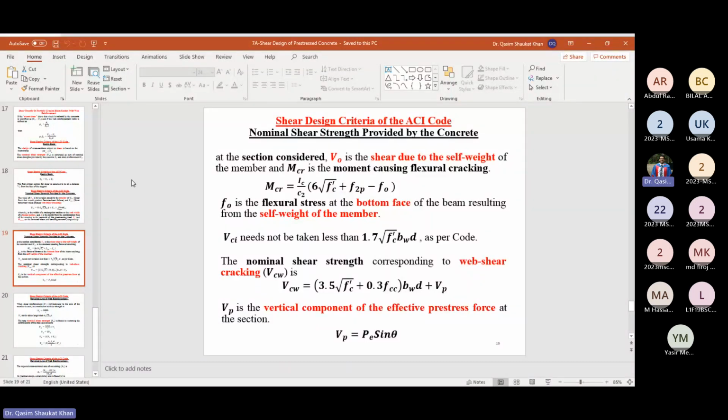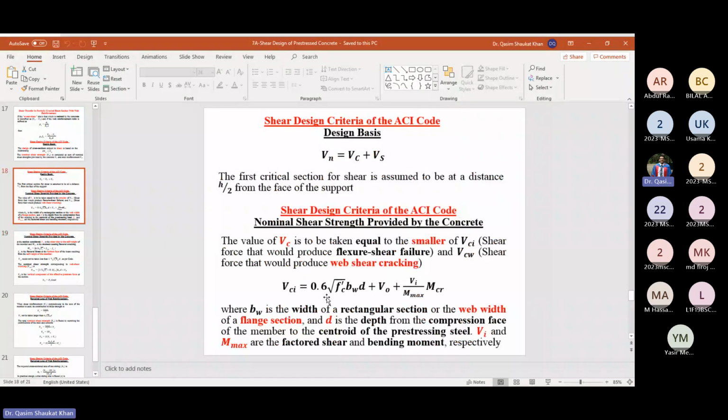So please note down this formula for VCI, because the value of VC, the contribution from the concrete side, has to be taken as the smaller of VCI and VCW. First we are considering VCI, which is the shear force that would be required to produce the flexural shear failure or flexure shear crack, that is 0.6 times under root FC prime into BW into D plus V naught plus VI over M maximum into the MCR.